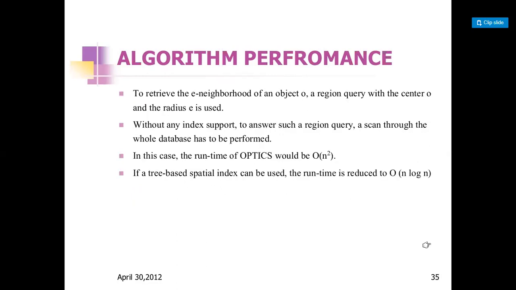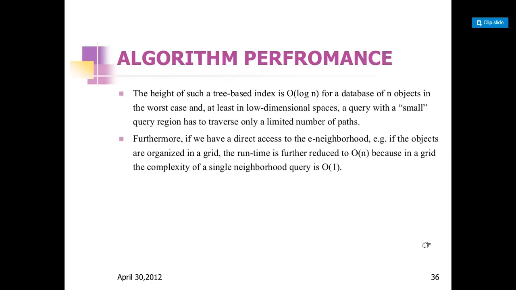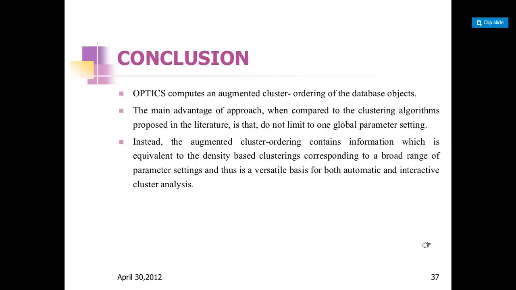In some cases it can reach up to O(N squared), since without any index support, such a region query needs to scan the whole database. With better tree-based indexing, we can reduce it to O(N log N). So this is the performance.